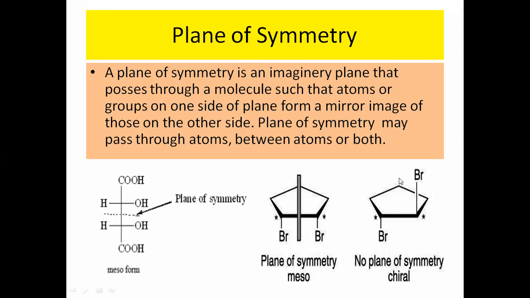And now see this example. In this, one bromine is below the plane and the other is above the plane. If we put an imaginary plane here, this will not become the mirror image of this part. So here the plane of symmetry is absent.